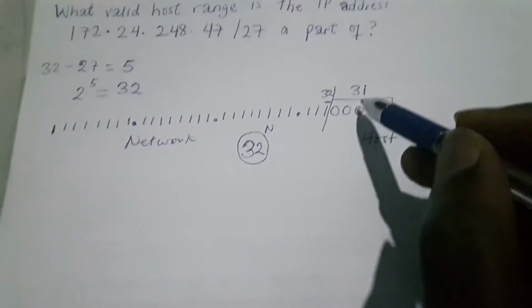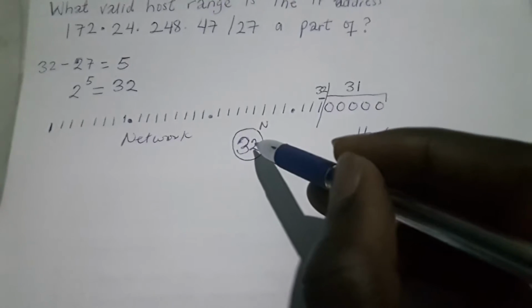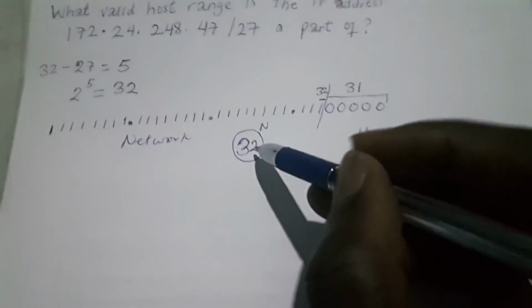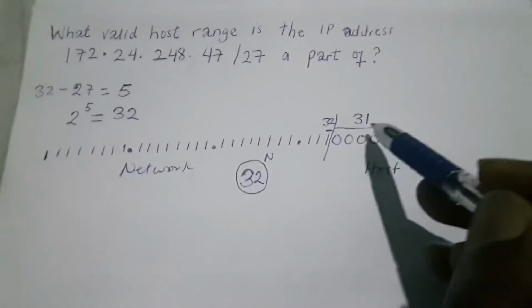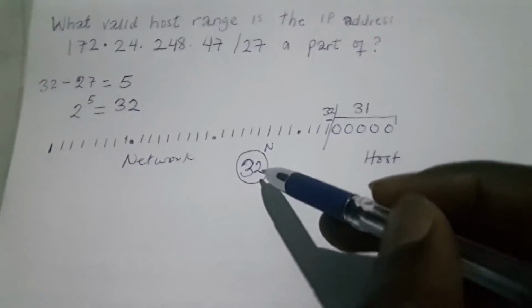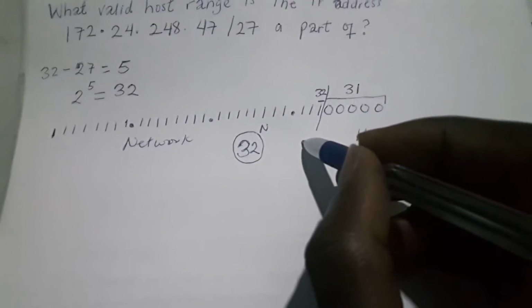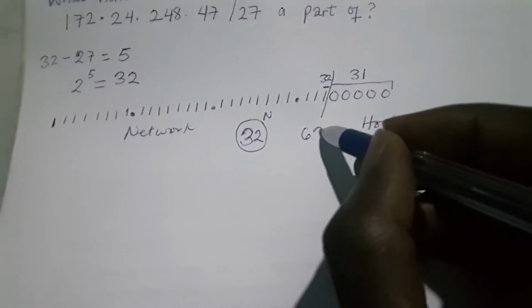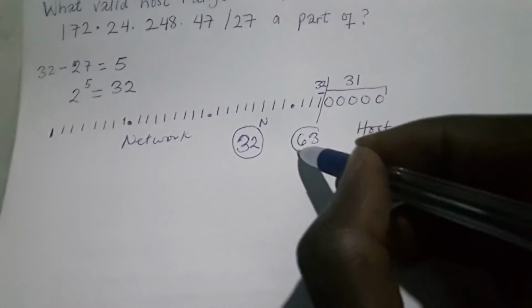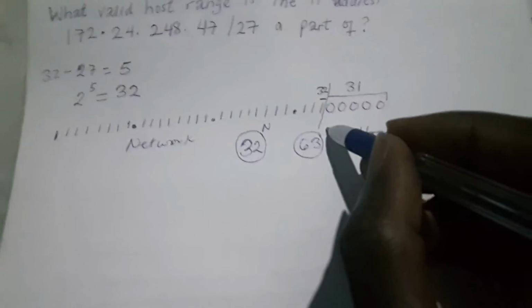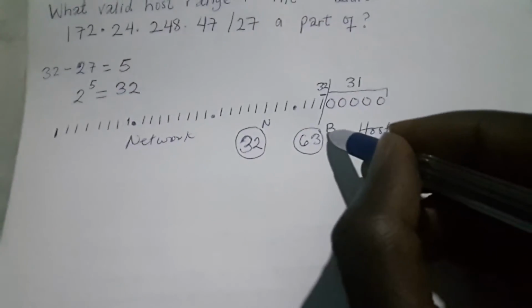And now, to find the broadcast, we just add this 31 to this 32, and the value is going to be 63. So 63 is our broadcast.